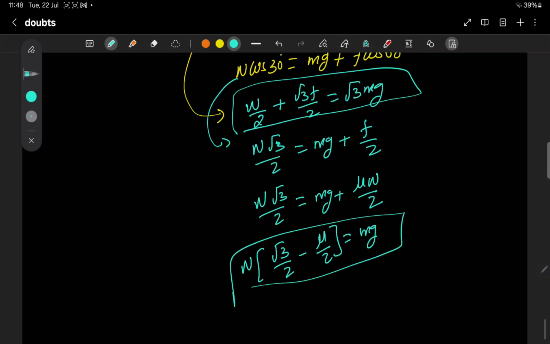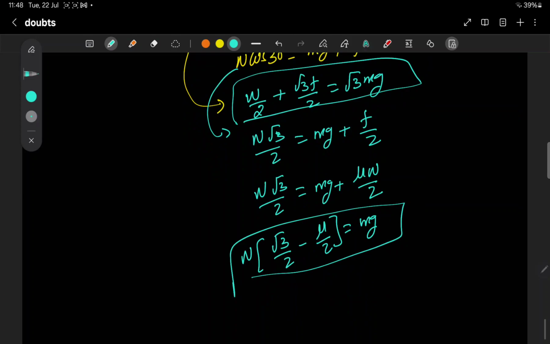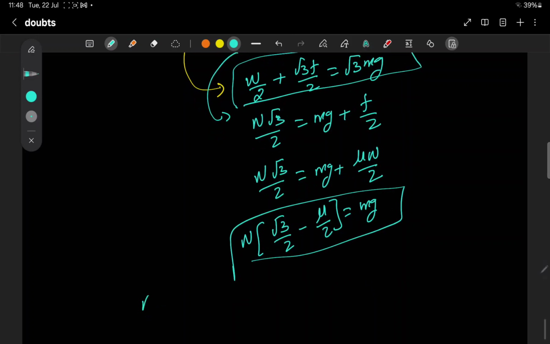Using these two equations we can solve and find mu. Instead of mg, we can substitute it here: N by 2 plus root 3 f by 2, and write f as mu into N, so mu into N by 2 should be equal to root 3 mg.